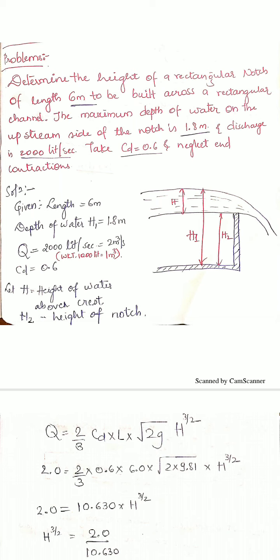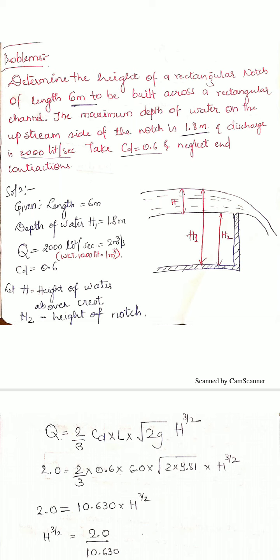He has given the length, and the depth of water from the bottom is taken as 1.8 meters. Q is the given discharge, which converted from liters is 2 meters cubed per second, and Cd is 0.6.